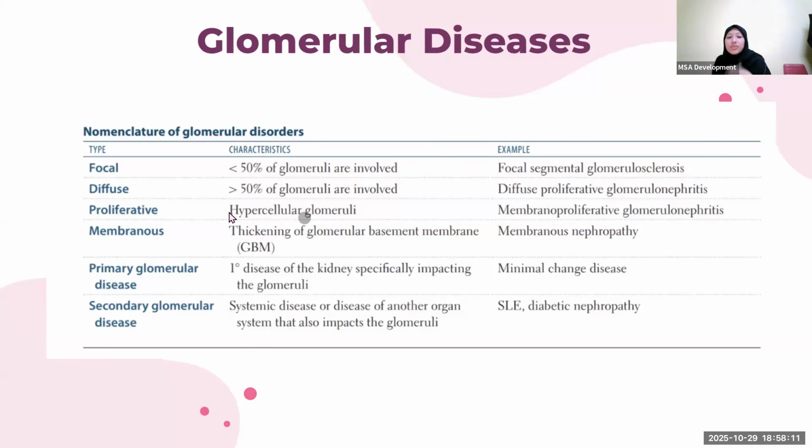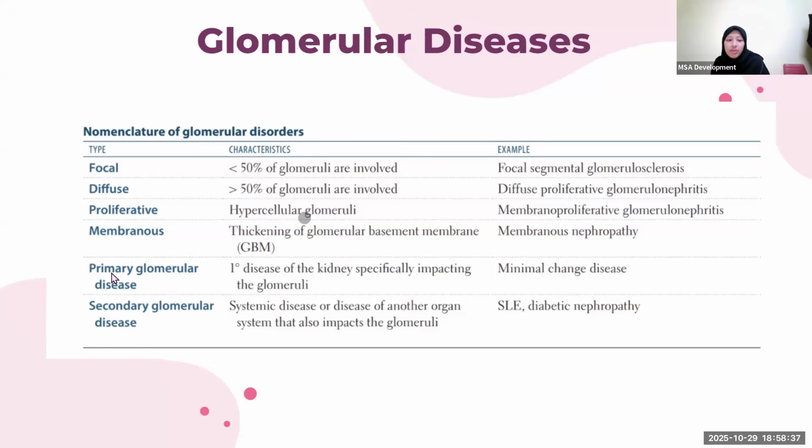Proliferative means hypercellular, which we saw, or at least we saw it in post-infectious. This is another example, again, the MPGN, the longest name. From the name proliferative, it is hypercellular glomeruli. Membranous is thickening with the deposits in the subepithelial space near the podocytes.